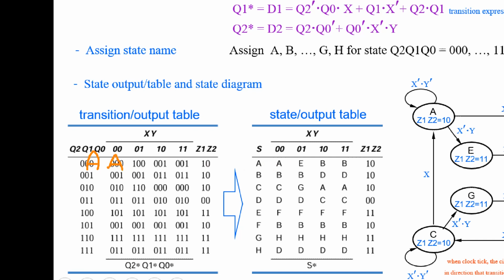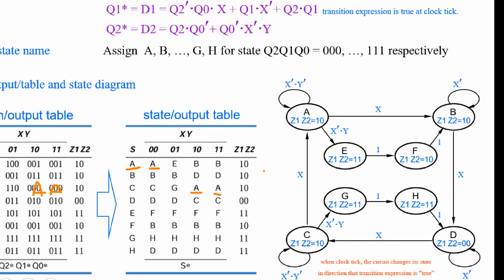Every value of 000 that you change to the state name A, here and here. Okay, for the other states also. Then you will get the state output table completely.